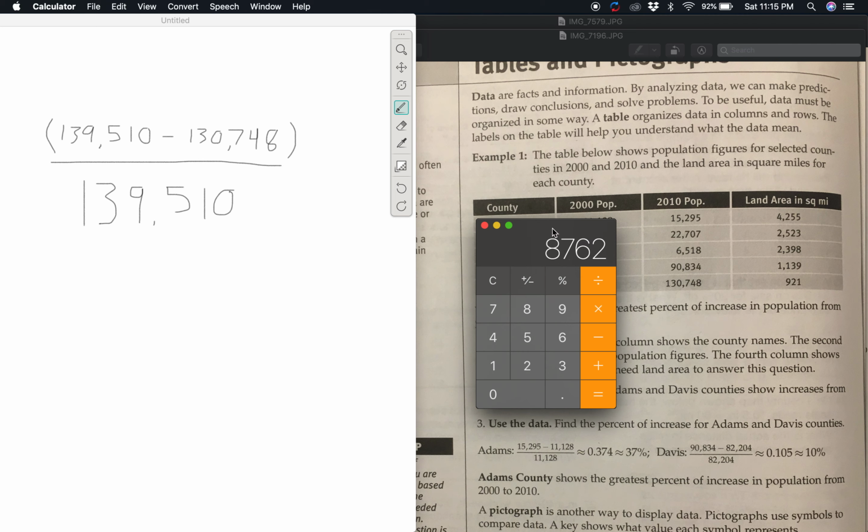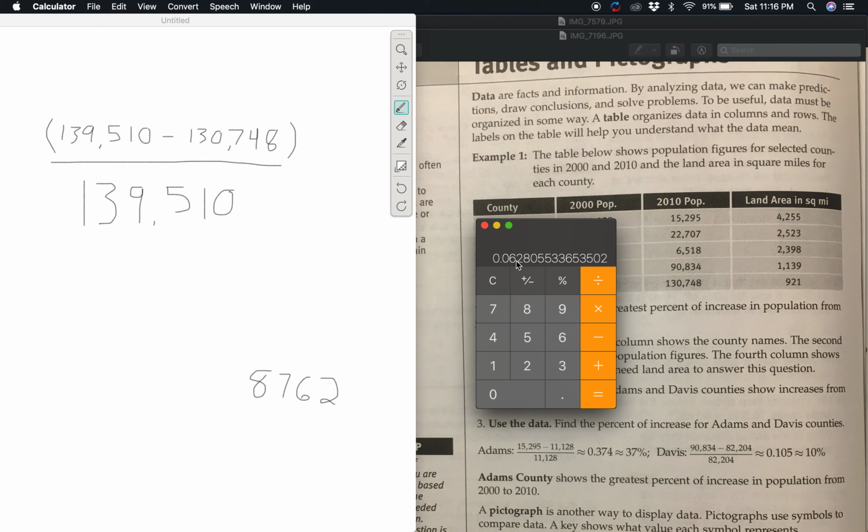Now let me write this down here. So now that we have this number, we need to divide it by the original number, which is 139,510.